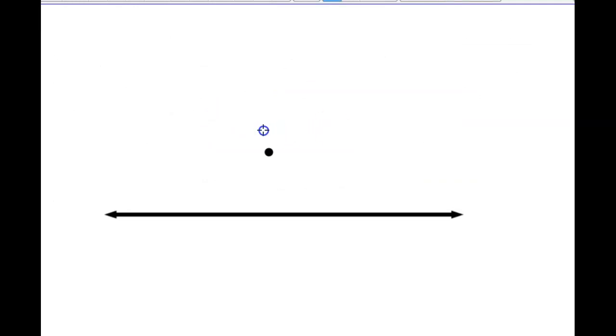So if this is the highway, we'll say this is 90, the interstate, and this is your business, and you're trying to figure out how to reach all the people that go a certain distance or something.